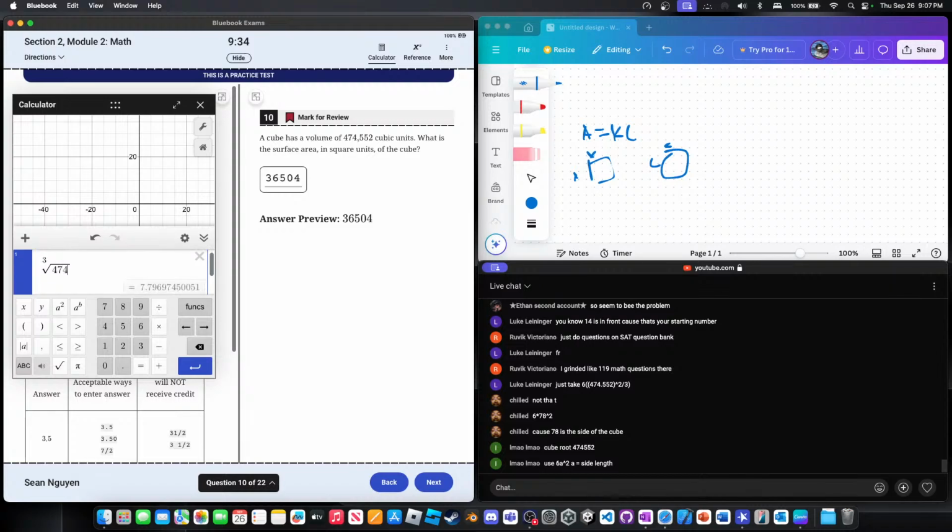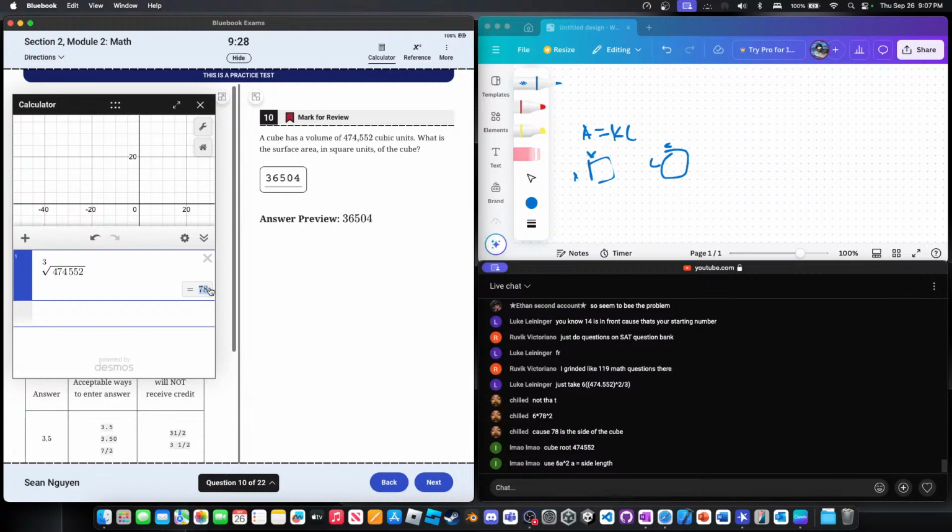So let me go through this again. So 552, 78. This would be one side length.